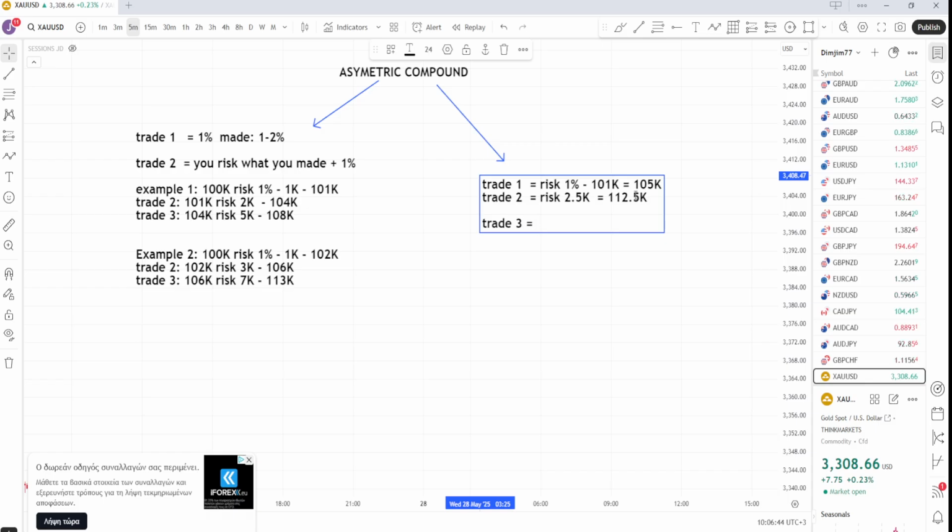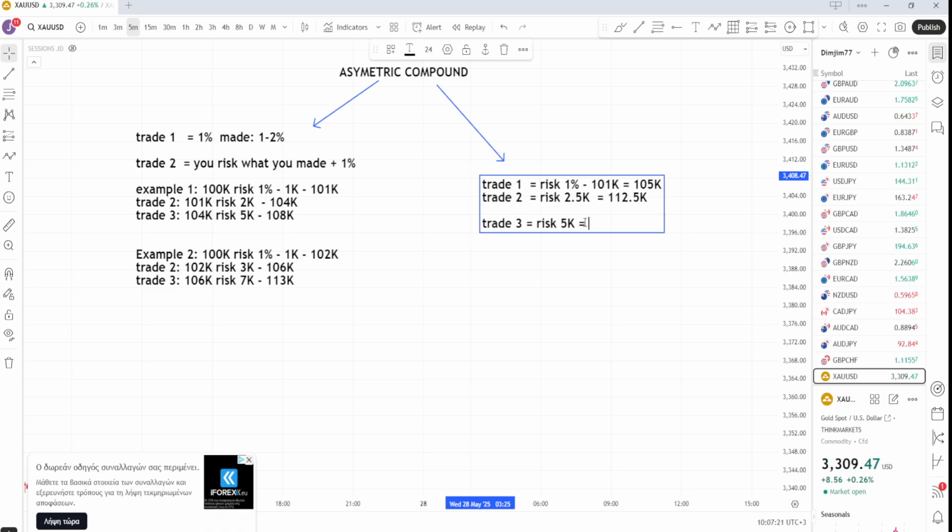For trade 3, we use the profit of the previous trade, not the total profit. The 2.5k is banked. We made 10k, we risk either 3k or 5k. We keep that 5k banked. So let's say we risk 5k. If I lose, I will have either another chance for free, essentially, or I could still end up with a lot of profit.